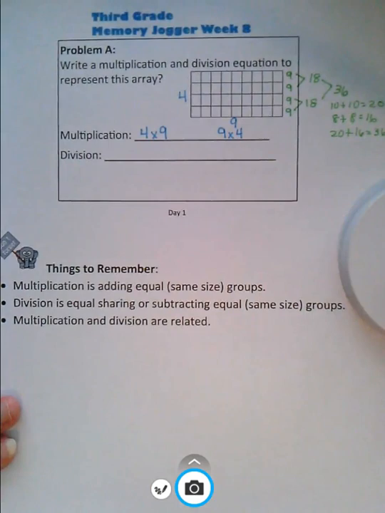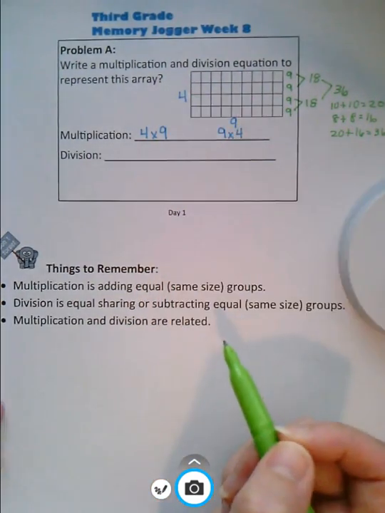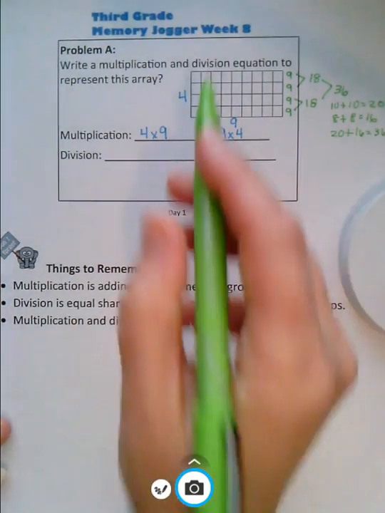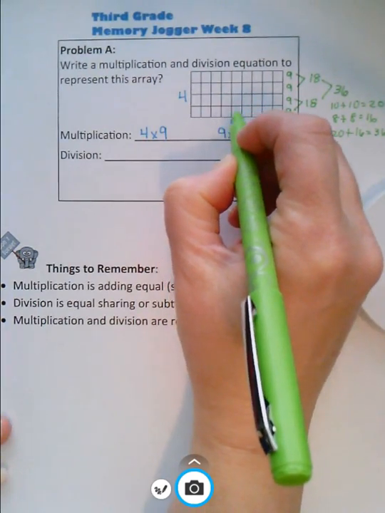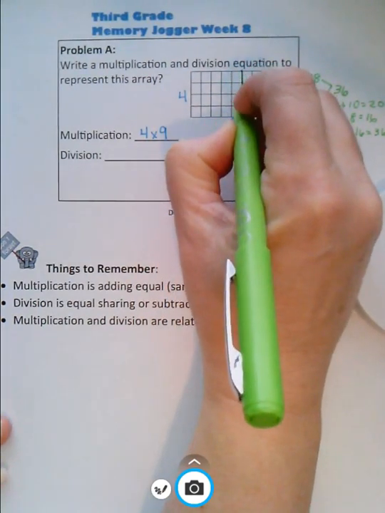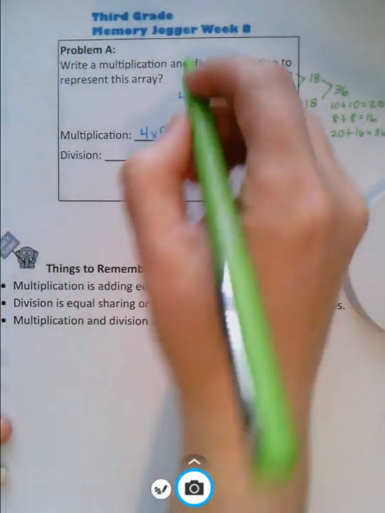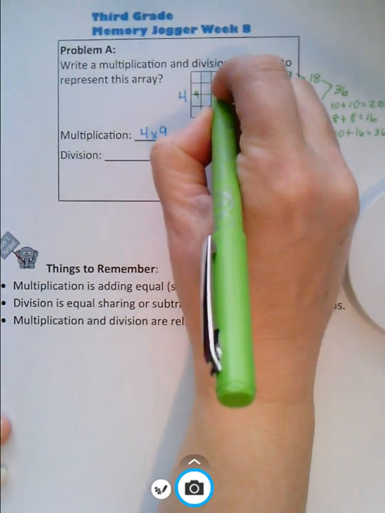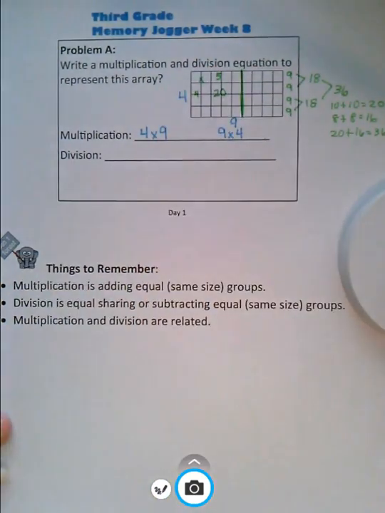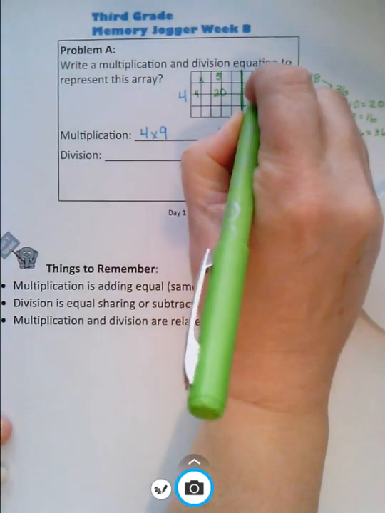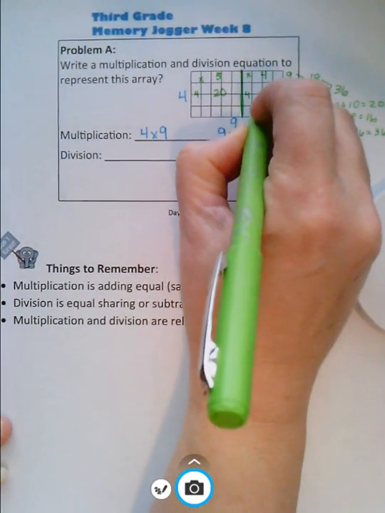Another way that we might think about this is we could divide this array into 2 parts. You could think about a way to break up the array into facts that you know. Lots of boys and girls know their 5s. So 1, 2, 3, 4, 5. If I were to partition this, I'm still trying to count the total number of squares in here, but now I have 4 times 5, and that's a fact lots of boys and girls know, which is 20, and 4 times 4, which lots of boys and girls also know, which is 16.